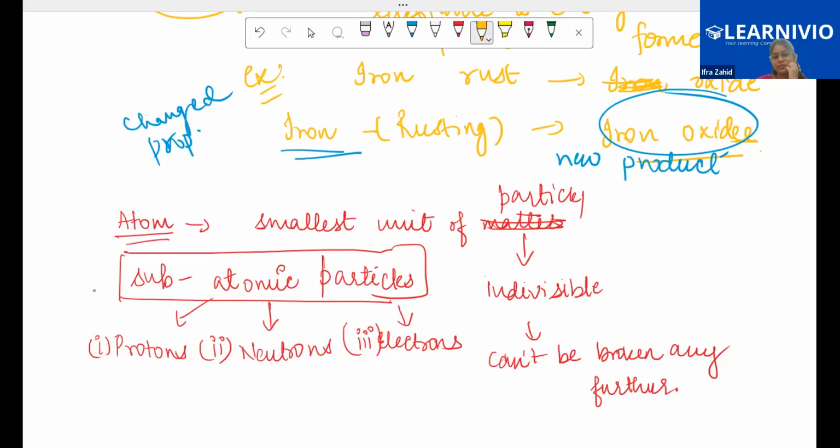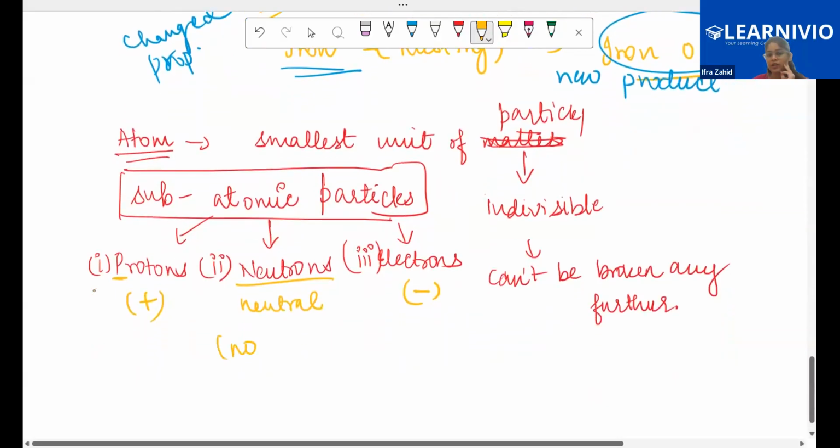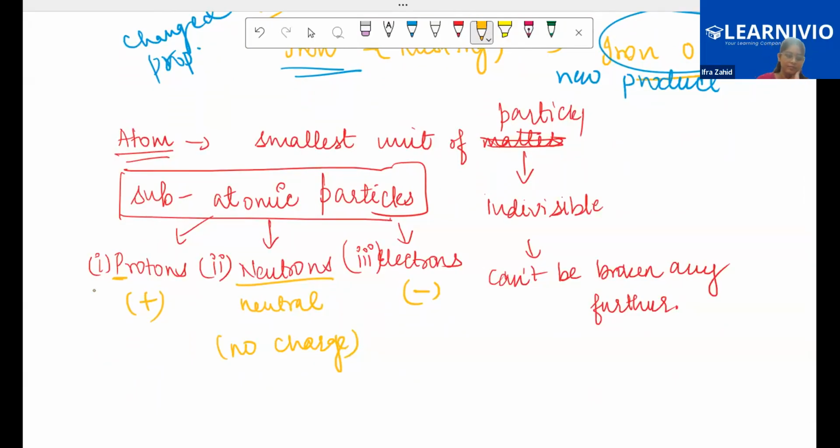Electron is positive. No. See, P, protons, P, positive. So protons are positive. Okay. And electrons are negative. Now neutrons are neutral. Neutral means there is no charge. Okay. There is no charge on neutrons. Clear? Yes, ma'am.